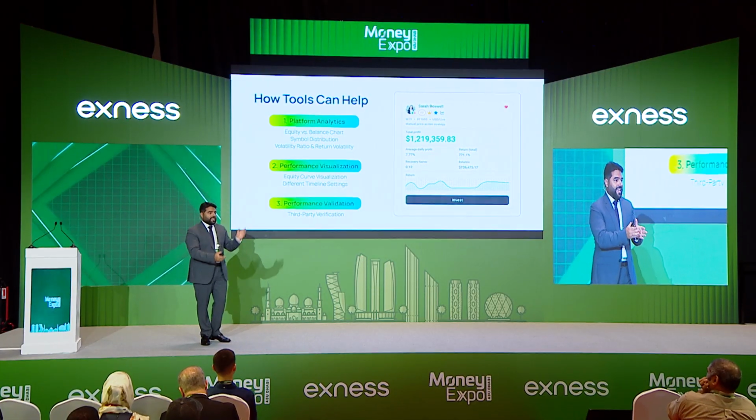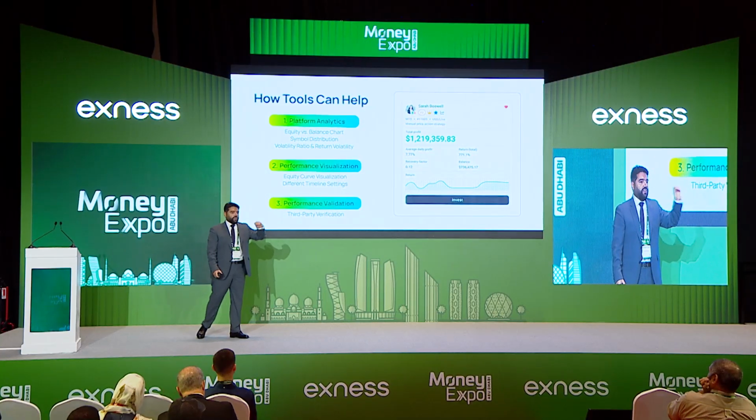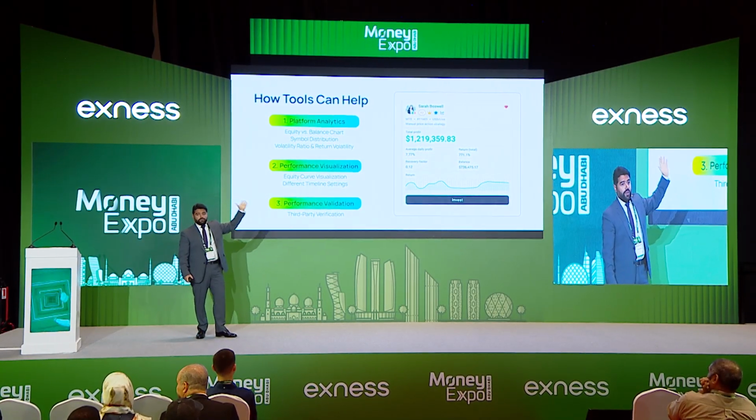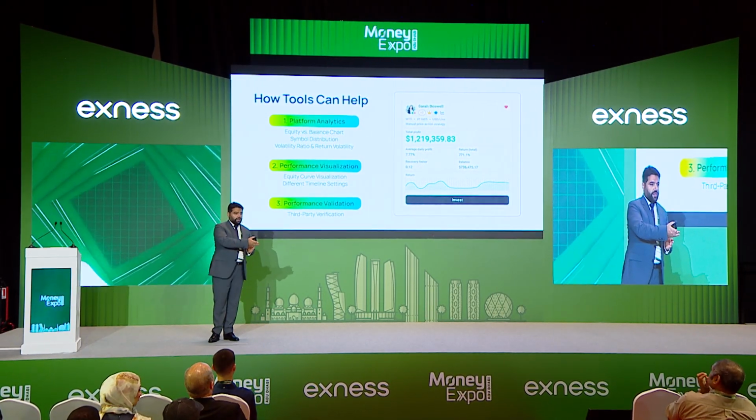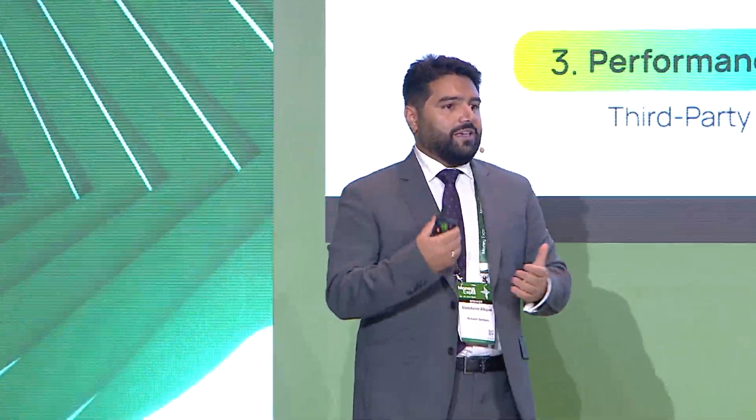So in that case, the provider cannot edit their information. So if you receive the widget, and if you receive the profile from the provider, from a third party, and you see the information as live information, you see their trading as live trading, this is when you know that this is valid information that's reflected from the trading platform directly.